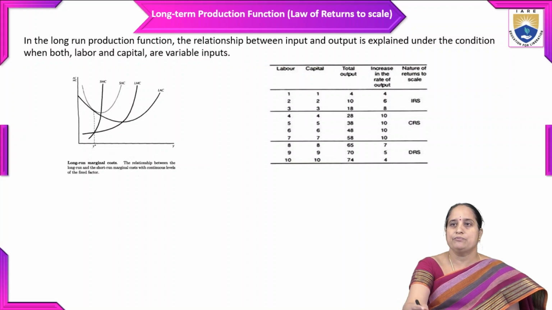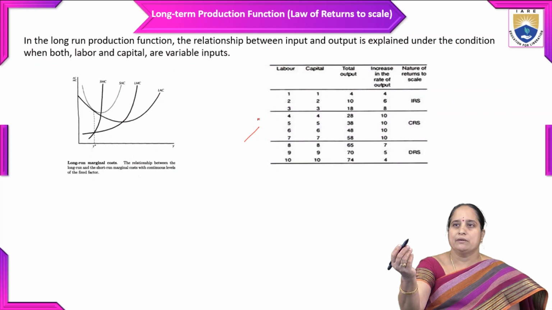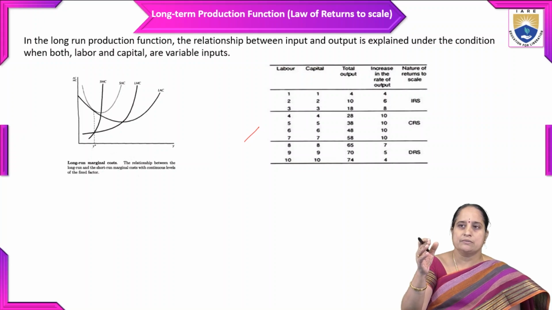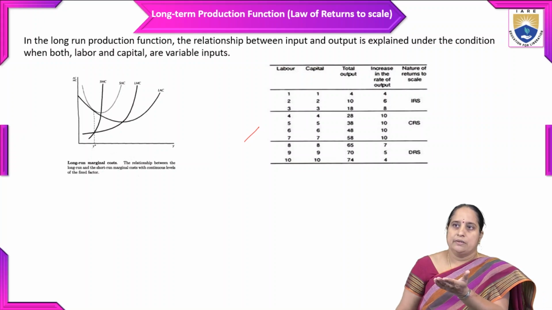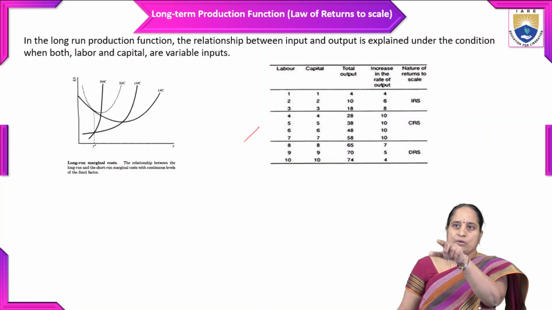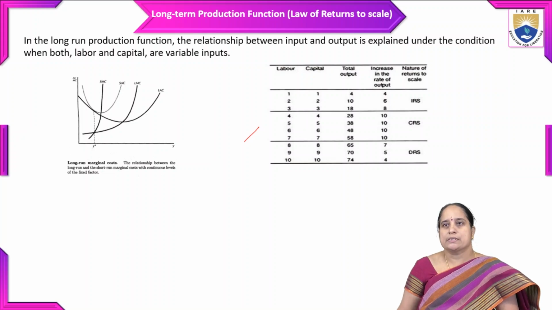As a result, if you observe this particular table, labor, capital, total output will be different, and there is an increase in the output, and the nature of returns we have also defined: increasing returns to scale. Then if you observe the second phase, CRS means constant returns to scale, whereas the third case is decreasing returns to scale.